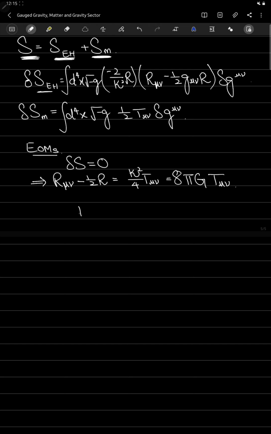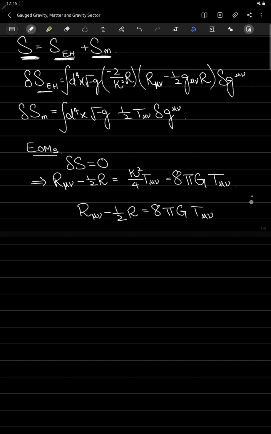Now if you recall, or if you have taken a course on general relativity, or even if you have not, you must have seen this equation somewhere. This is known as Einstein's field equation, and there is a factor of c to the fourth over here, but I said in my first lecture that I'll be using a convention where I set c equal to 1.